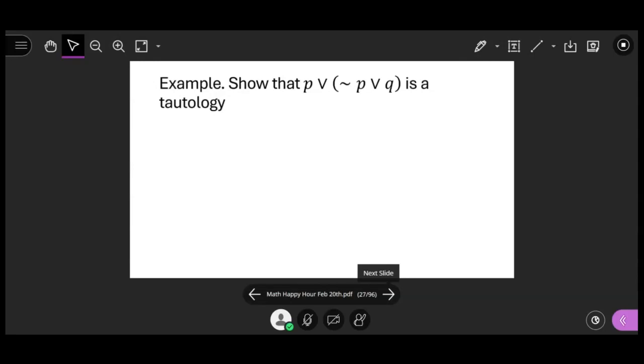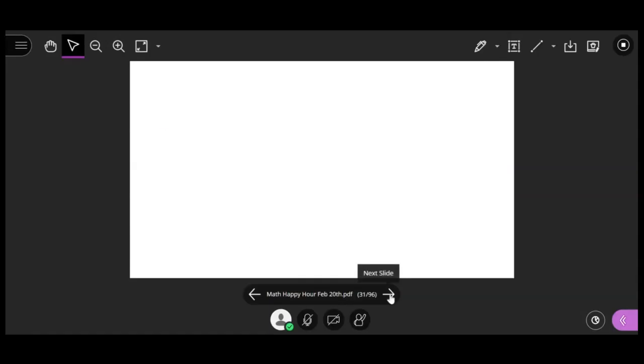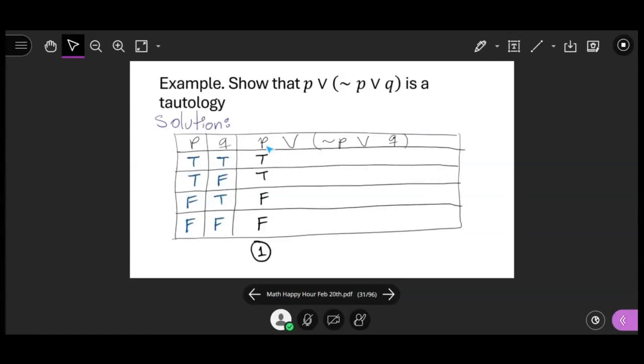It says show that P disjunction parentheses negation P disjunction Q is a tautology. So we're going to create a truth table. We set up our truth table with true, true, false, false for P, and true, false, true, false for Q. We start with P: true, true, false, false. I'm going to label it 1.